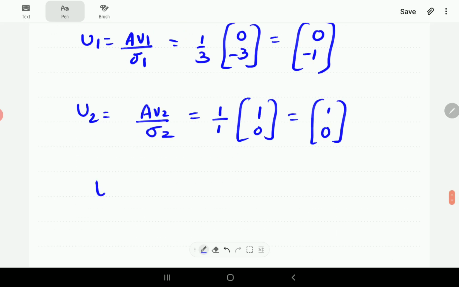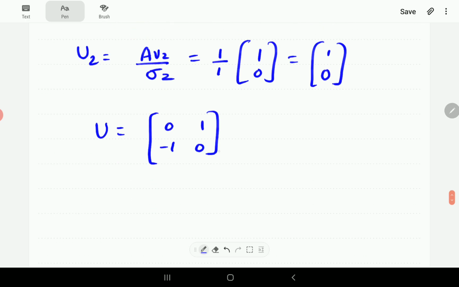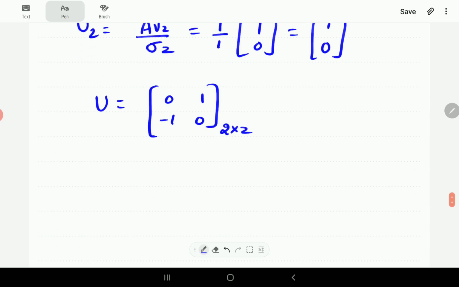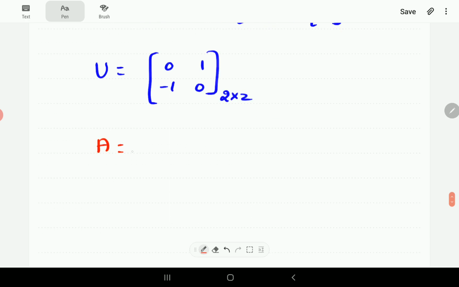So therefore we can construct our U by U1 and U2. This is U1 and this is U2. Okay. So we have constructed U also. This is of order 2 cross 2 now. So therefore let us write finally our A as U sigma V transpose.